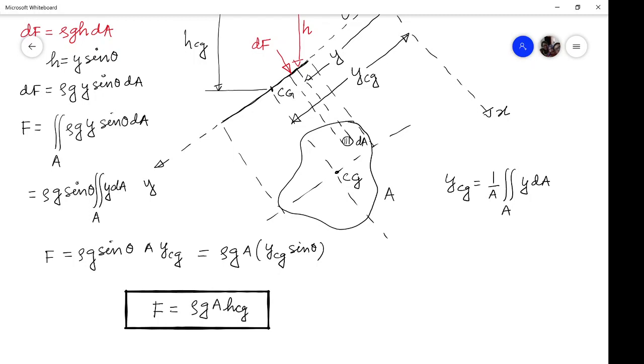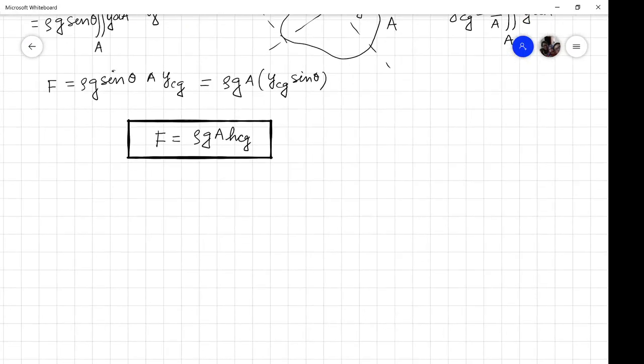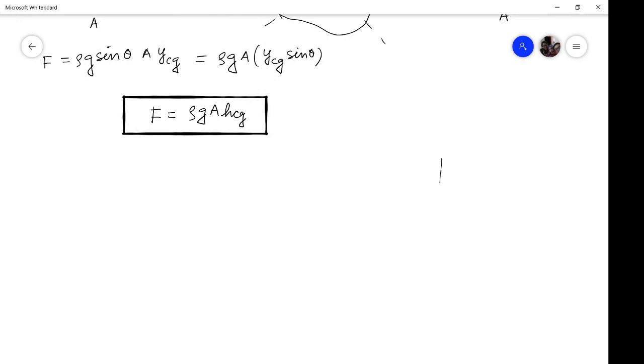Now the next question which comes is where this force is acting. To understand that, let me give you a situation. Consider that this is a plate, any surface or any bar, let us say.